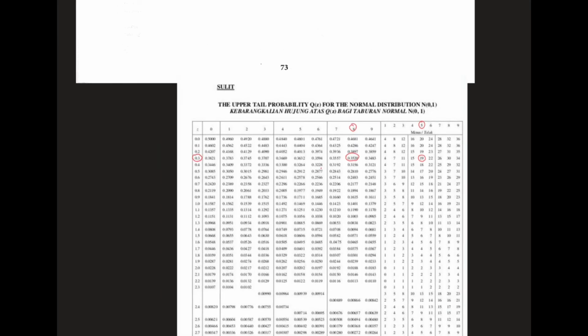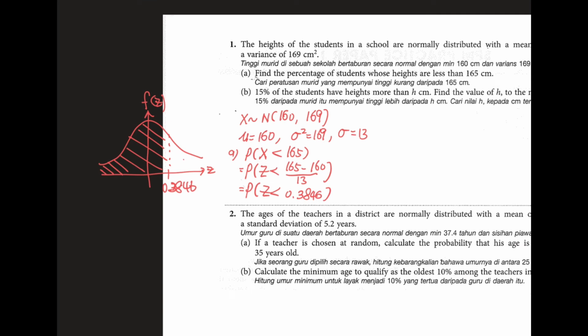It's on the right, so it's not on the left. 0.3501, that's the probability or the area on the right. But we want the area on the left, so we have to use 1 minus. 1 minus 0.3501.